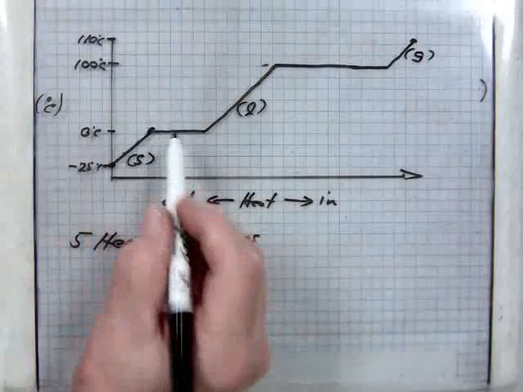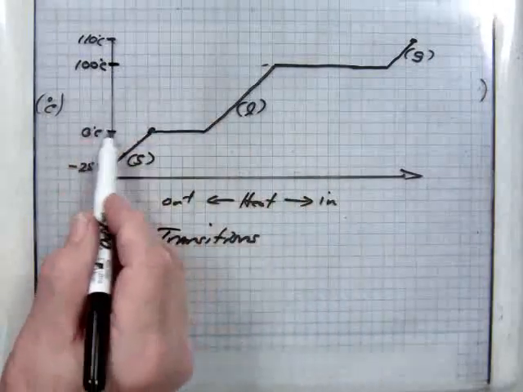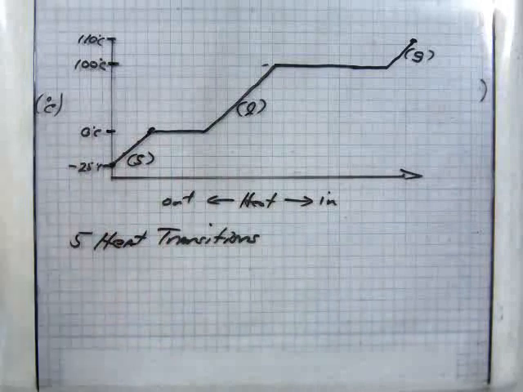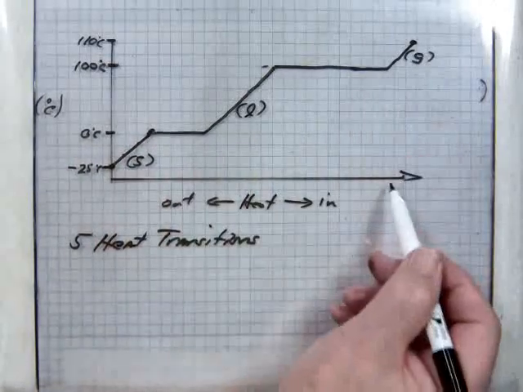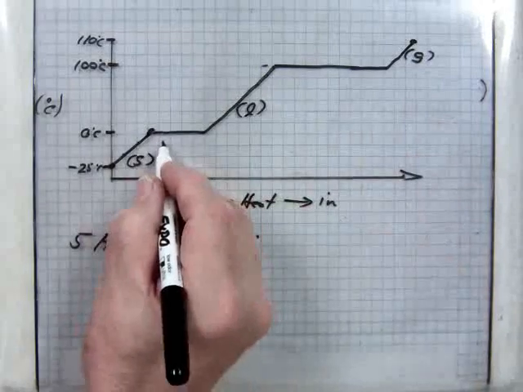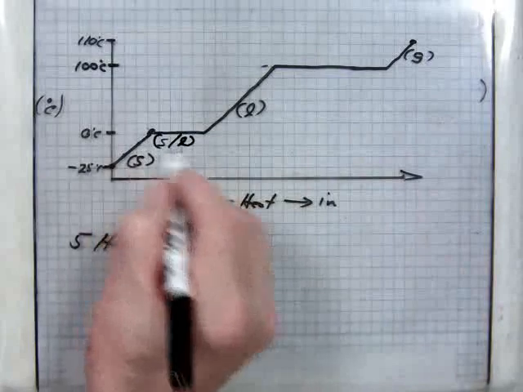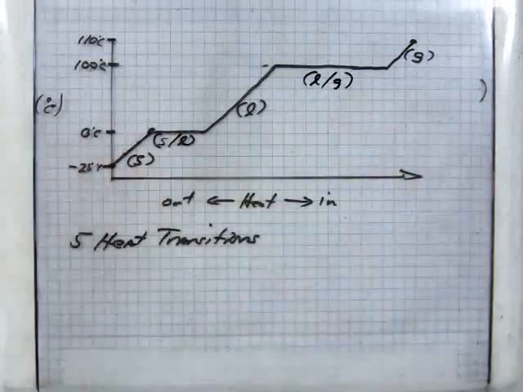Now the horizontal lines, note how they are at the boiling point and the freezing point of water, but there's no temperature change, but there's heat going in each case. So this is 2 phases in contact, solid-liquid in contact, and this is a liquid-gas phase in contact.